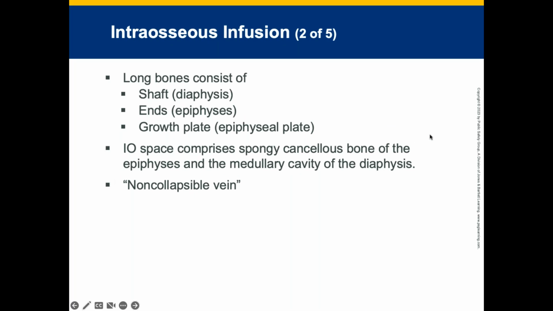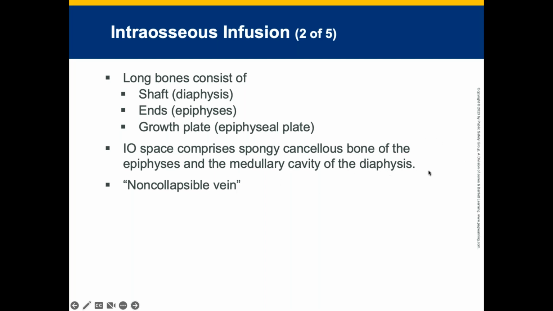Long bones consist of the shaft and the ends, and then the growth plates, epiphyseal plates, diaphysis, epiphysis. The IO space comprises the spongy cancellous bone of the epiphysis and the medullary cavity of the diaphysis, as you saw in the previous picture.